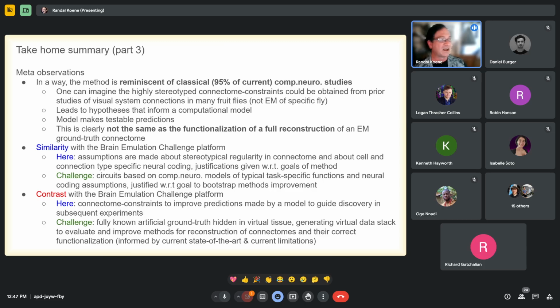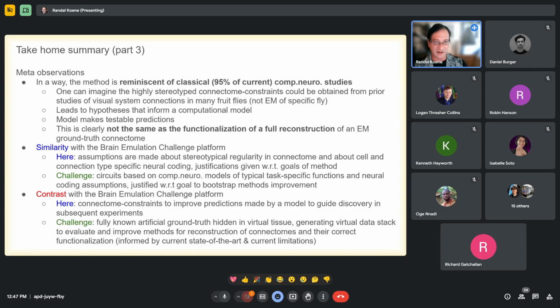And in our case, with the challenge, we produce model circuits based on prior computational neuroscience models of specific tasks, such as, for example, autoassociative memory, or creating complex cell activity from simple cell activity in the visual system, something like that. And then we embed that in this virtual tissue from which we obtain data, and we have neural coding assumptions about that.